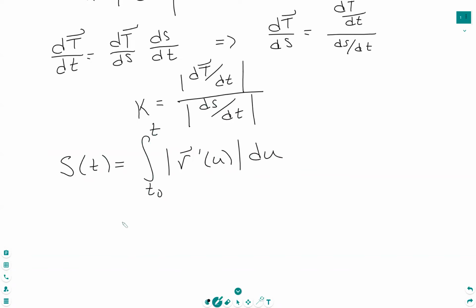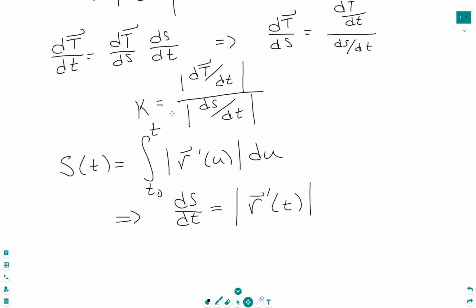So using the fundamental theorem of calculus, we say that ds dt is the integrand with our bound inside. And then we get the magnitude of r prime of t. But remember, r prime is the velocity, and the magnitude is simply the speed. So it looks like this fraction that we have in the denominator is the speed.